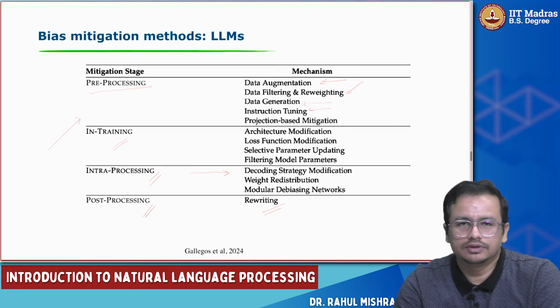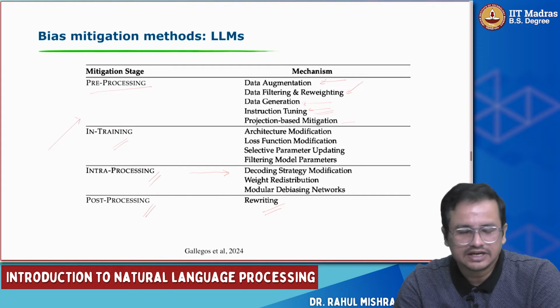Instruction tuning, so as you know, you put in the instruction and allow the model to align itself to the instruction. So prompting, right? You want to tell the model that you need to follow this instruction, and then the model needs to adhere to that instruction.